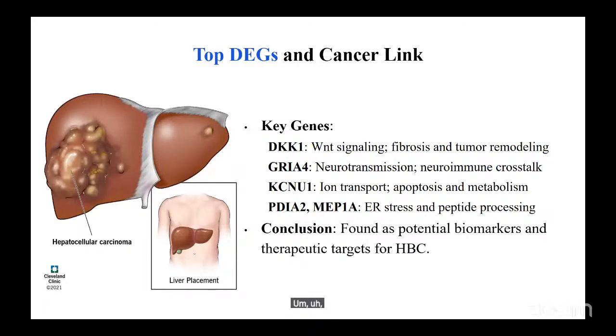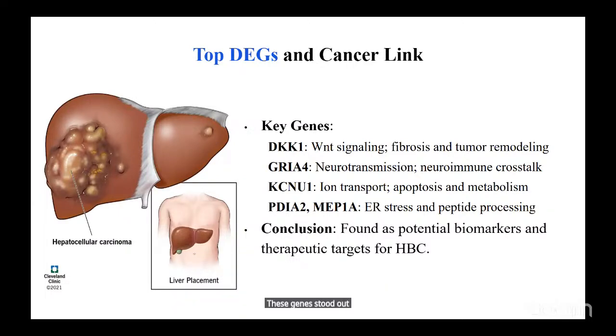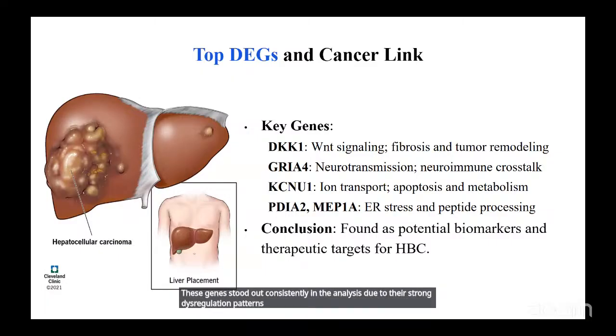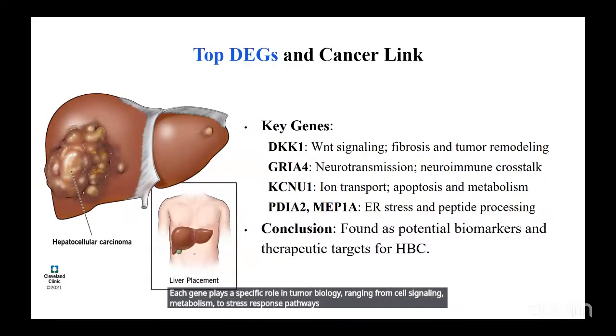the top differentially expressed genes give us a question of how they connect to cancer biology, specifically hepatobiliary carcinoma. These genes stood out consistently in the analysis due to their strong dysregulation patterns. Each gene plays a specific role in tumor biology, ranging from cell signaling and metabolism to stress response pathways.